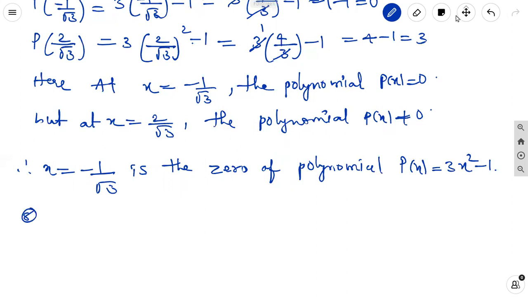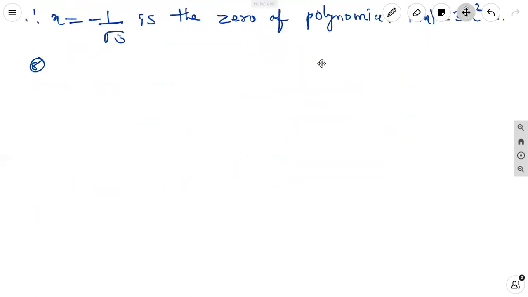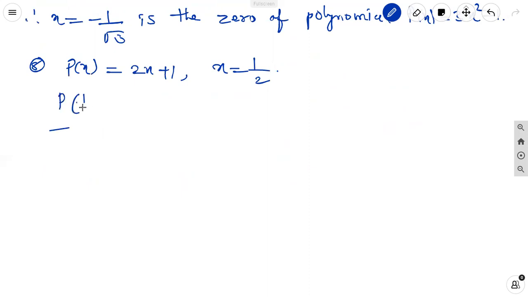Eighth one. P of x equal to 2x plus 1, x equal to 1 by 2. Substitute p of 1 by 2 equal to 2 into 1 by 2 plus 1. 2 ones are 2, 1 plus 1 equal to 2. It is not equal to 0.